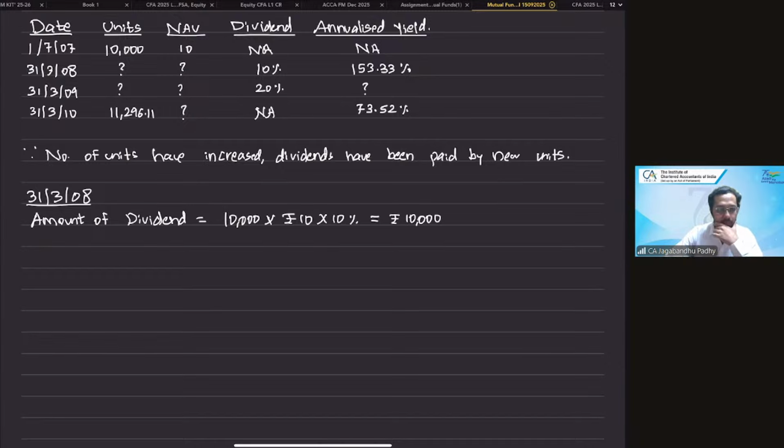So we can calculate the value of our investment, or NAV, by simply looking at the annualized yield. So how do we calculate the annualized yield, guys?